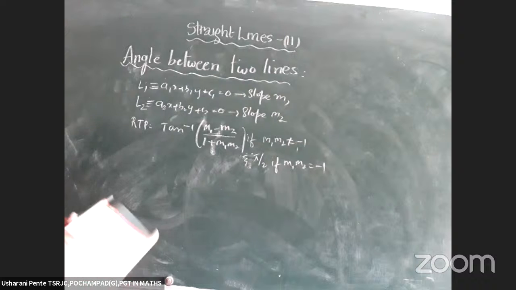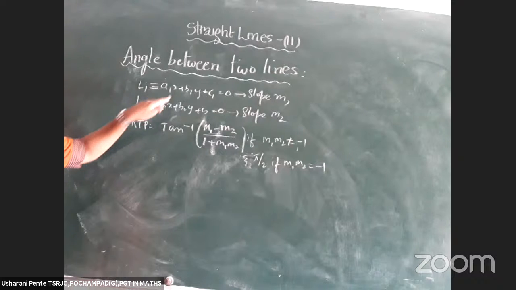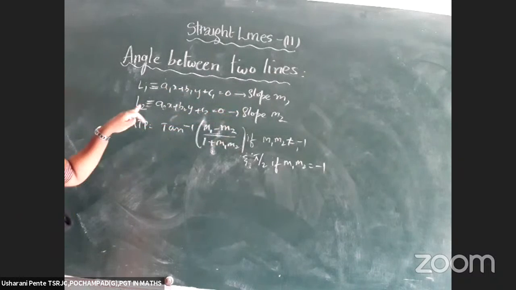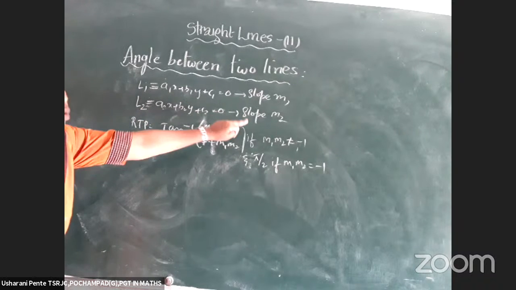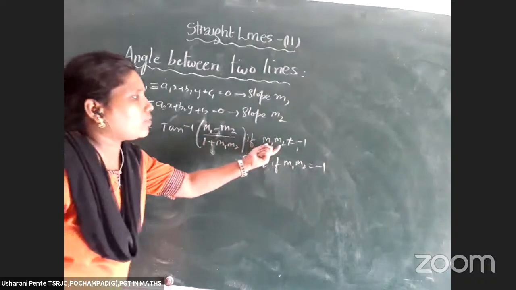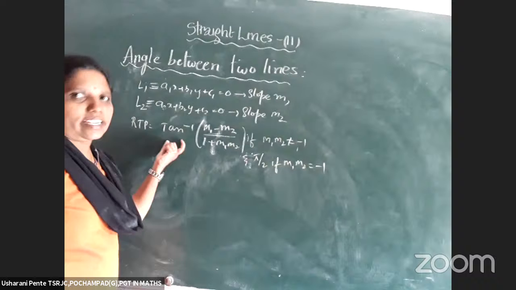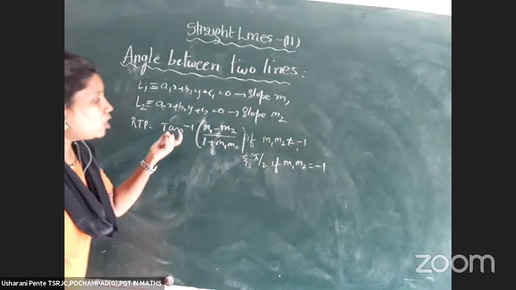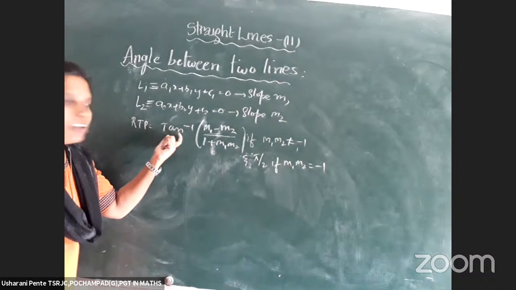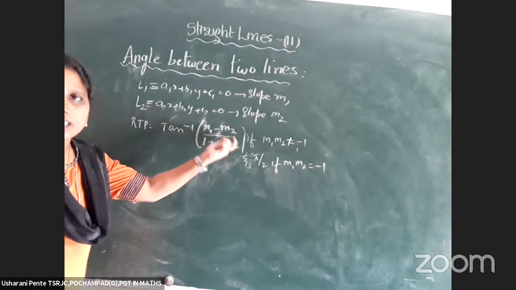So they have specified the 2 straight lines with their slopes. From the first we can get the slope M1, and from the second we get the slope M2. The angle between the two straight lines is given by tan inverse of (M1 minus M2) by (1 plus M1 M2).